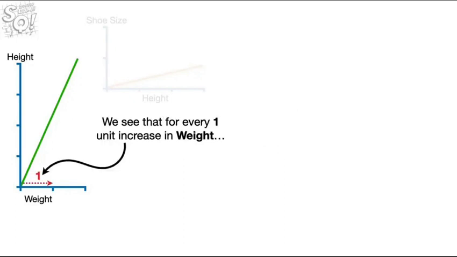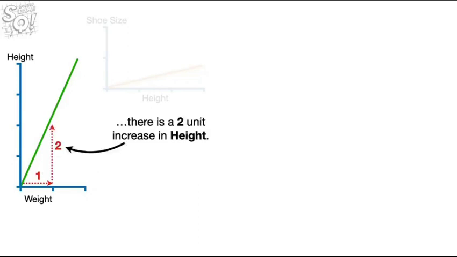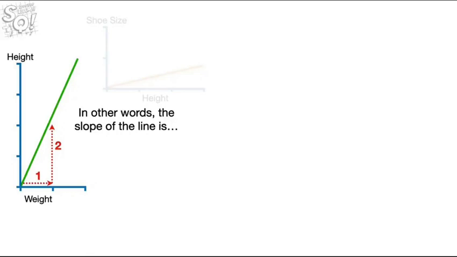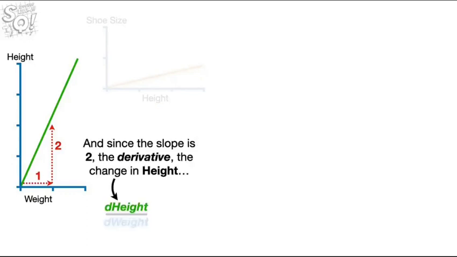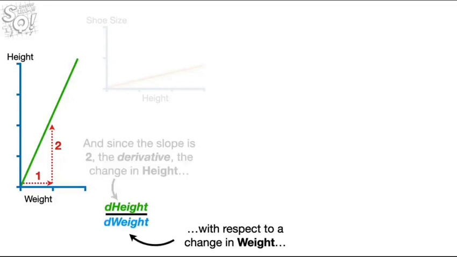We see that for every 1 unit increase in weight, there's a 2-unit increase in height. In other words, the slope of the line is 2 divided by 1, which equals 2. And since the slope is 2, the derivative, the change in height with respect to a change in weight, is 2.